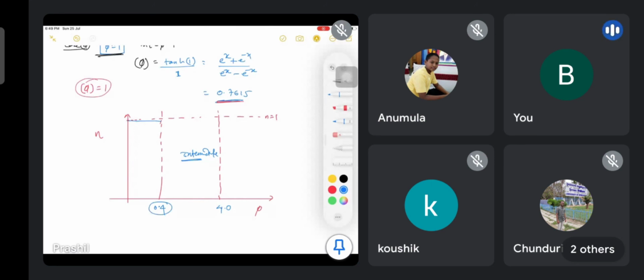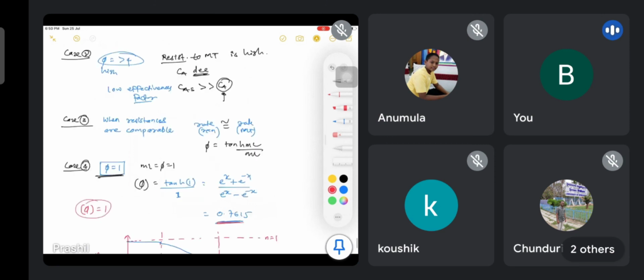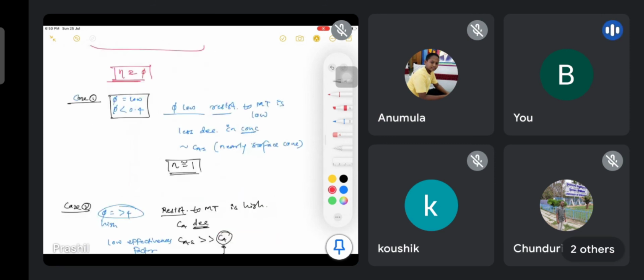Then tanh(ml)/ml will be there, so you will have this kind of curve here. And when phi is greater than 4, you will have a straight decrease in concentration, or decrease in your efficiency. So this kind of profile you will get. What I wrote here is: when phi is less than 0.4, write it as weak pore diffusion resistance regime.